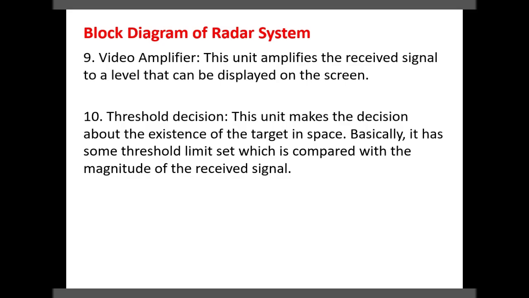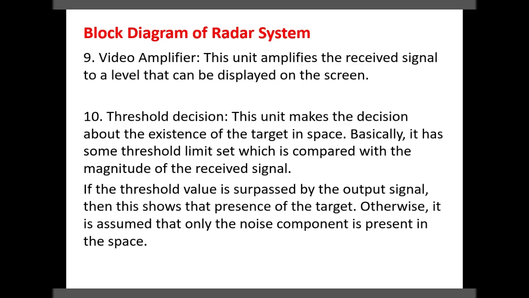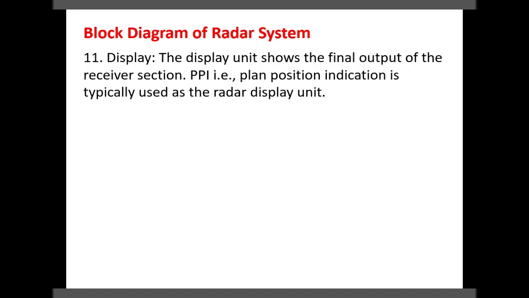If the signal is below the threshold limit, then we consider that there is no target present or only noise is present. So basically it has a threshold limit, which is compared with the magnitude of the received signal. If the threshold value is surpassed by the output signal, this shows the presence of the target. Otherwise, it is assumed that only the noise component is present in the received signal.